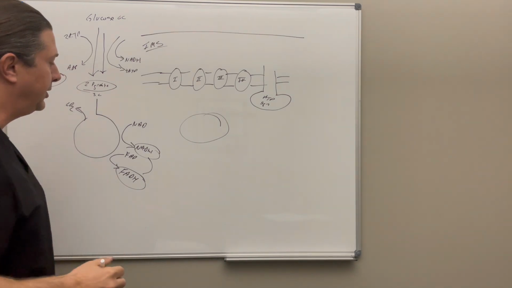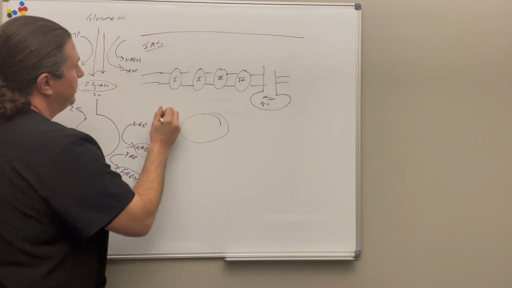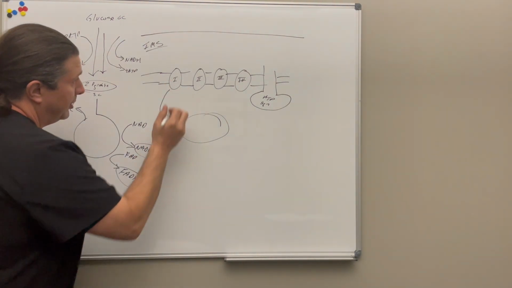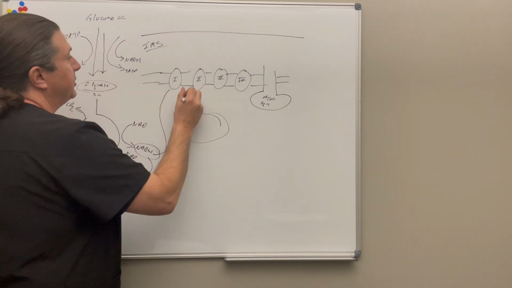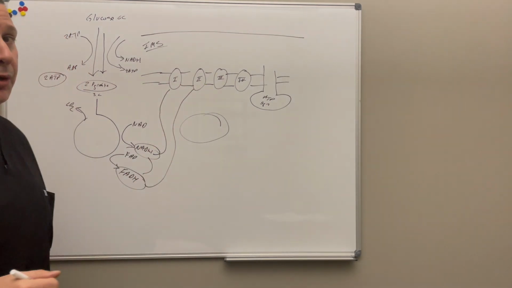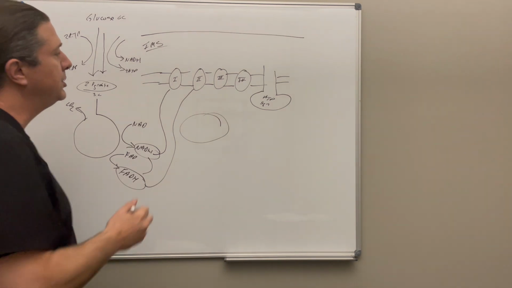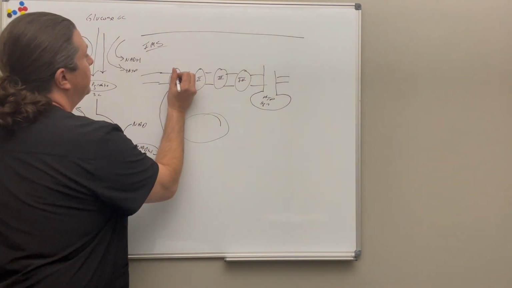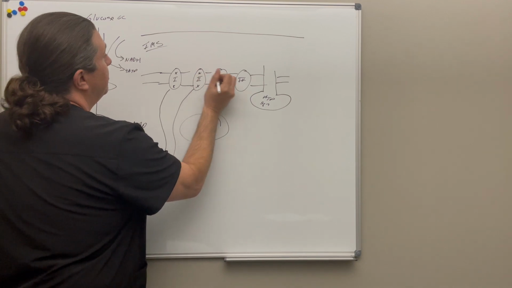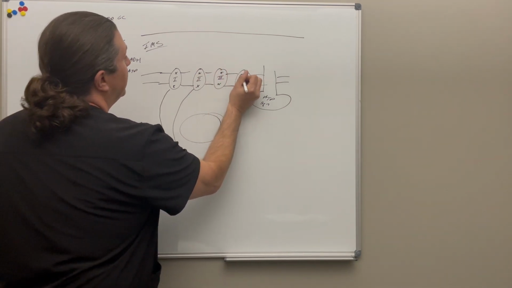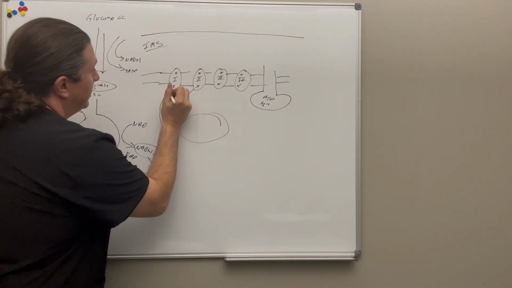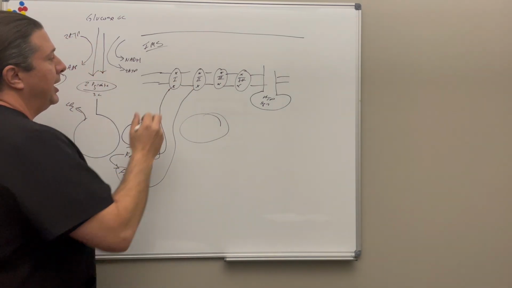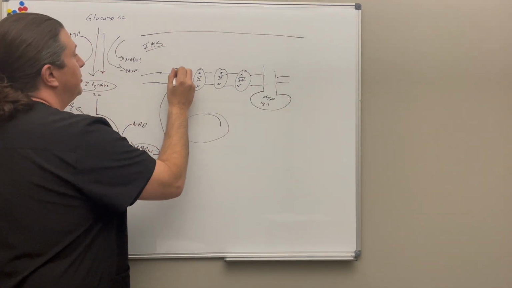So what's occurring here is these NADHs are going to come up to the first complex, and the FADHs are going to come up to the second complex. What they're going to do is donate those electrons to a structure called a cytochrome. We have multiple cytochromes within this process. Those electrons get donated to a cytochrome, and then those cytochromes are just going to transfer those electrons.